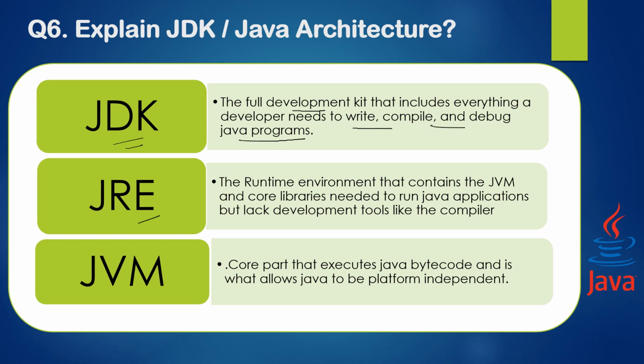Then JRE, Java Runtime Environment, contains the JVM and core libraries. Then we have JVM, Java Virtual Machine, which is the core part that executes Java bytecode and allows Java to be platform independent.